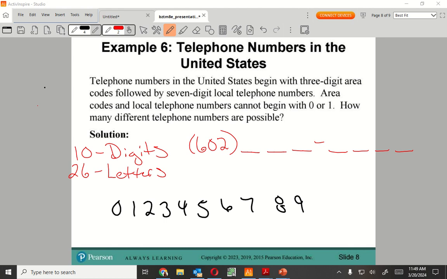So you have to eliminate values. This one right here says, our area code followed by 7-digit local telephone numbers. Area codes and local telephone numbers cannot begin with 1 or 0. Okay? Cannot begin with 1 or 0.